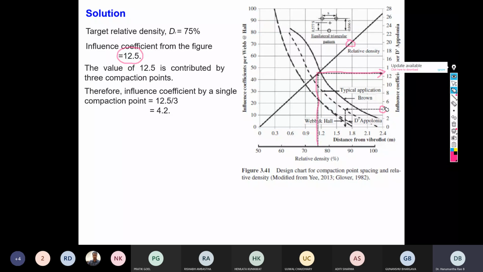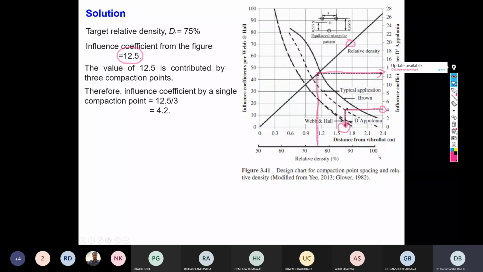Now, in the next step, what you need to do is identify on the right side ordinate the value of 4.2, and draw a horizontal line onto the curves proposed by the different people. Here we have selected the typical application. So a horizontal line has been drawn from 4.2 until it touches the curve. From there, you drop another vertical line onto the x-axis and identify the intersection point.